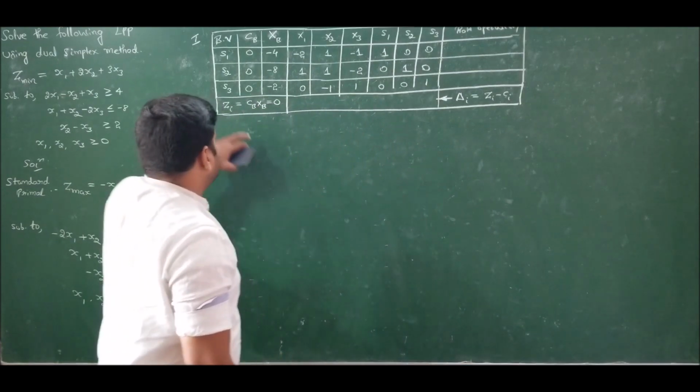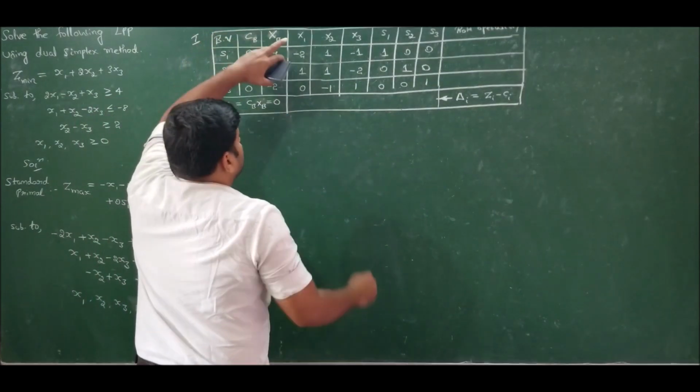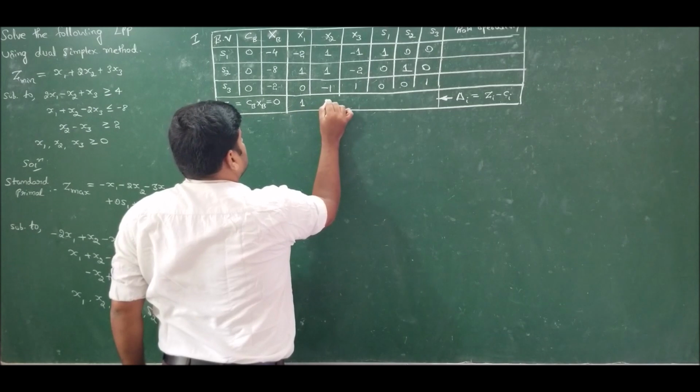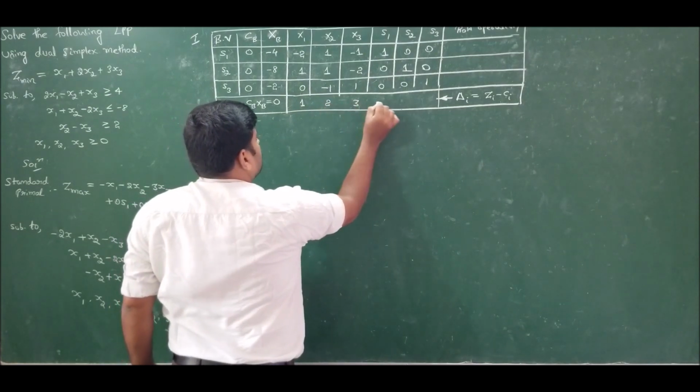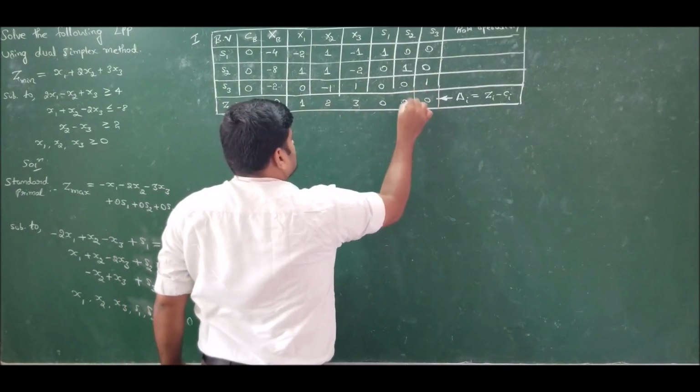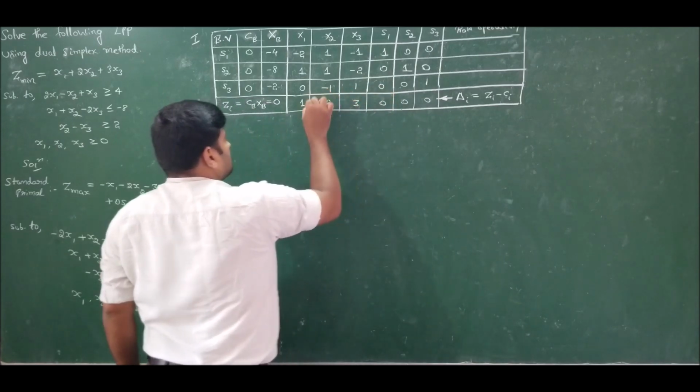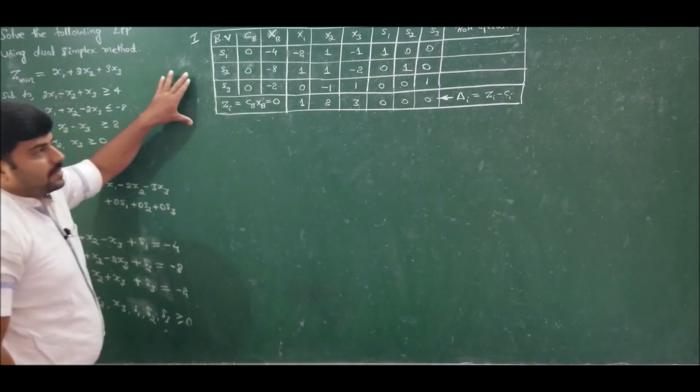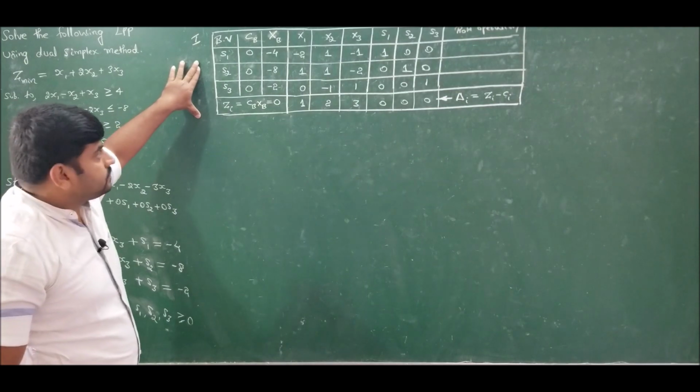So Zi is 0. So negative of Ci, this will become +1, +2, +3, 0, 0, 0. So this is the starting simplex table, which you know how to write.